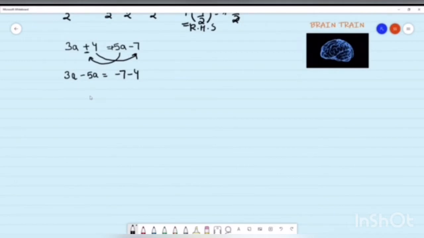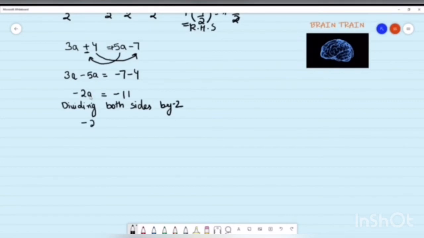Now we'll subtract them. Minus 2a is equal to minus 11. Because both are negative, we'll add them and put the minus sign. Now dividing both sides by 2, or you can write minus 2, because it is the coefficient of the variable.